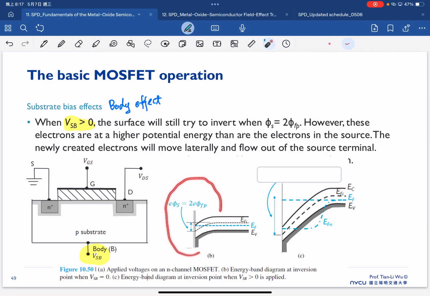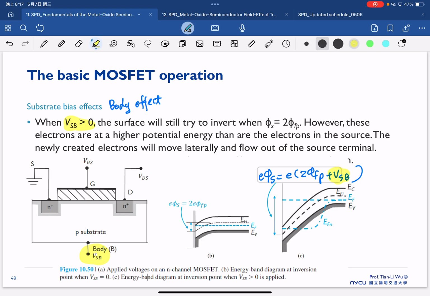under the threshold inversion condition, we have phi s equal to 2 phi fp. But now, due to the additional bias coming from the substrate, phi s is equal to 2 phi fp plus VSB, and the VSB is due to the bias in the substrate.